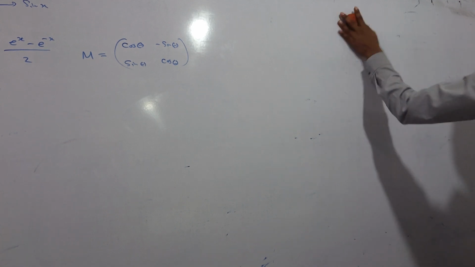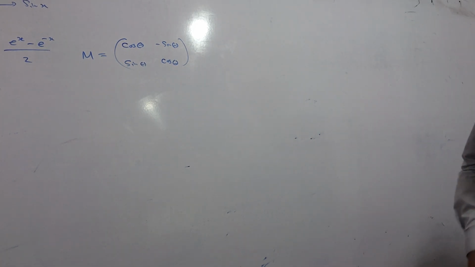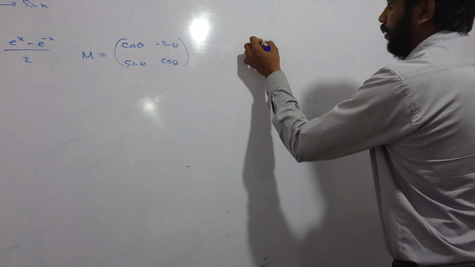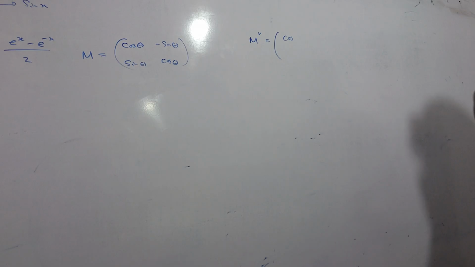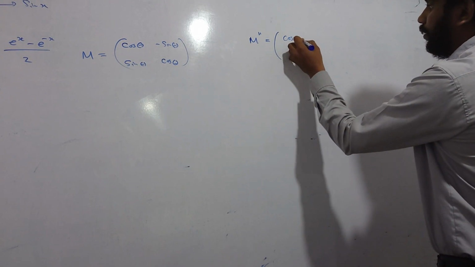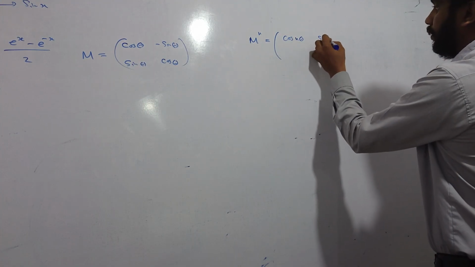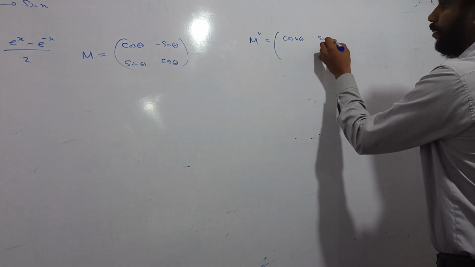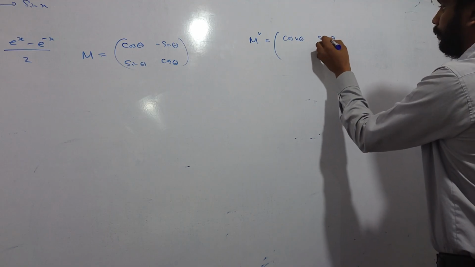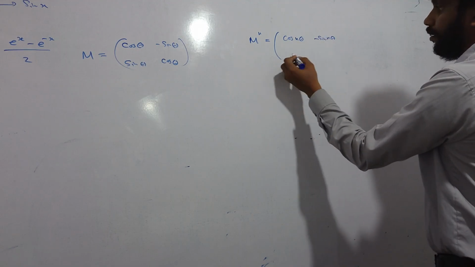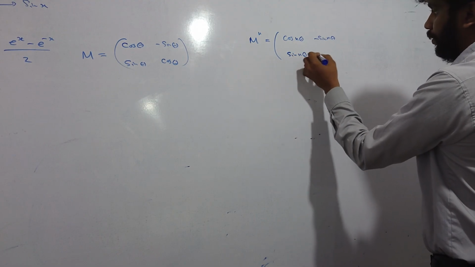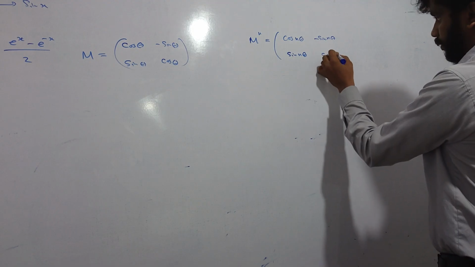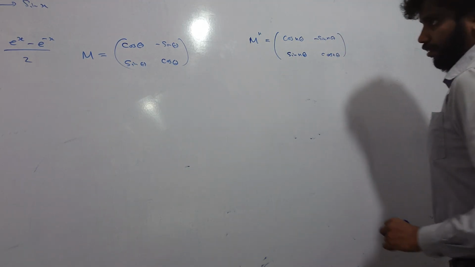Using induction for positive integers, we are supposed to show that M to the power n, where M is the transformation that is basically a rotation about the origin anti-clockwise by theta, applied n times, gives the rotation matrix. I will show that this is correct.